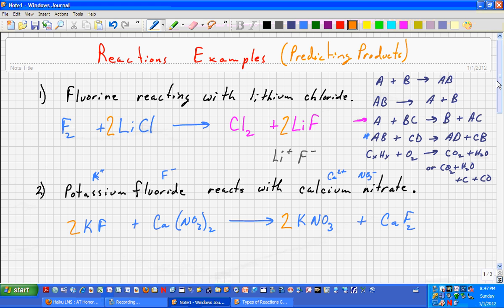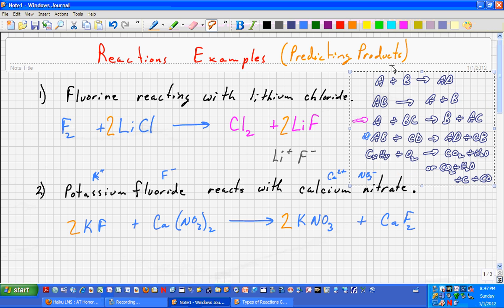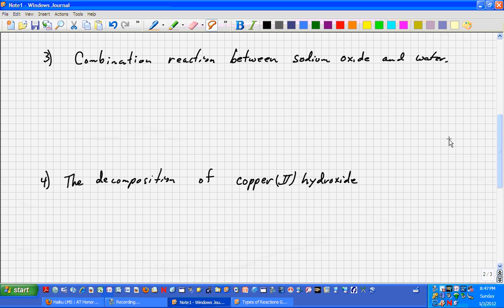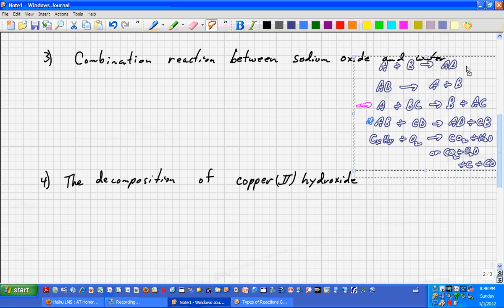All right, so let me copy this onto the next page for our next examples here, so I don't have to rewrite this.